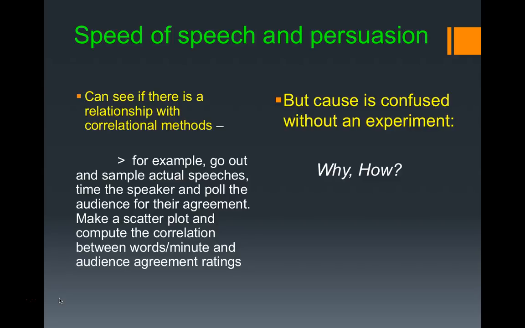You can then make a scatter plot and look at the relationship, getting a score both for the speed of the speech that the audience listened to, and each audience member's level of agreement with the point the speaker was trying to make.